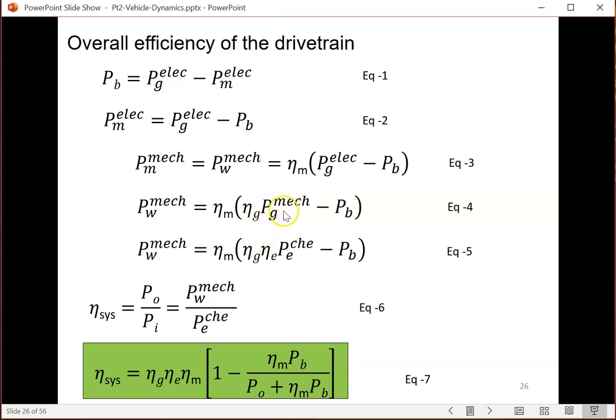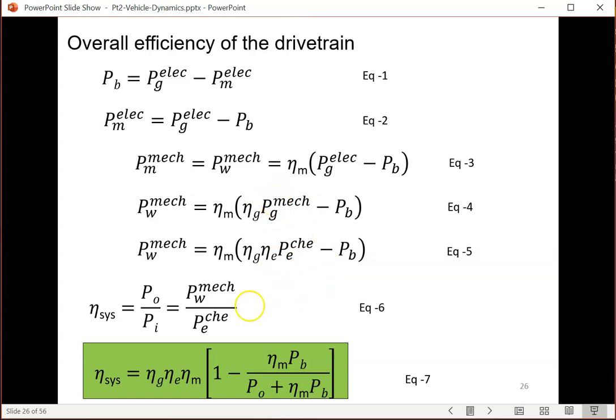And further, I can replace that as well, because the input power of the generator equals the output power of the engine. Then the output power of the engine equals the input power of the engine, which is PE chemical, times the efficiency factor of the engine. So I can put these two terms together and replace that.